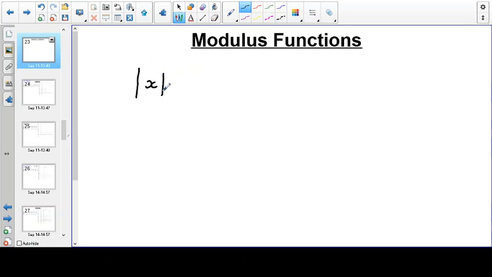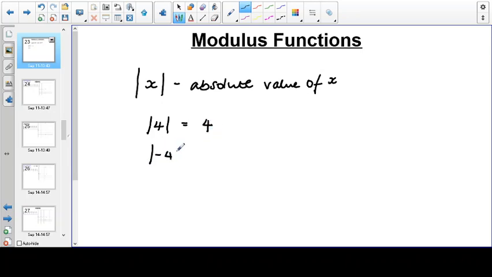The modulus symbol really just means the absolute value, so the positive value. So the modulus, or absolute value, of x is just the size of the number rather than the sign of the number. For example, modulus 4 equals 4.